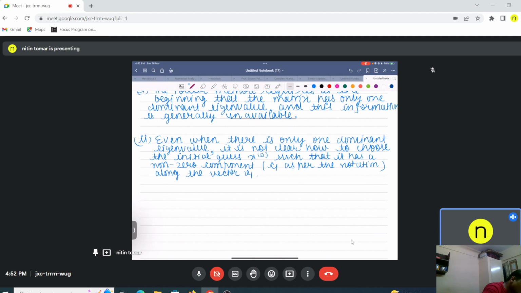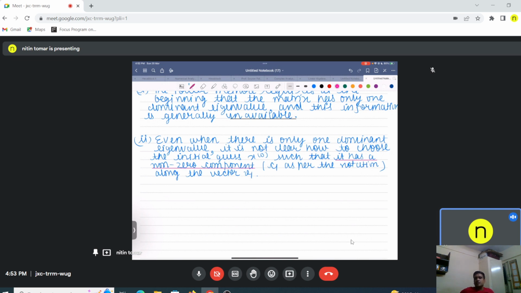See, the second drawback is, how do we choose the initial guess such that it has a non-zero coefficient along V1?